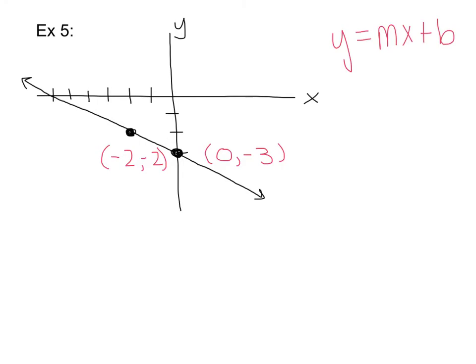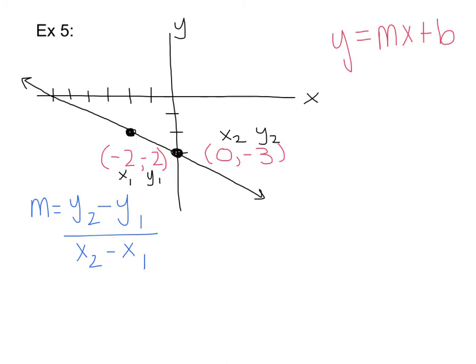I can find my slope by using y2 minus y1 divided by x2 minus x1. It doesn't matter which one you choose to be x1 and y1. I'm choosing mine like so.